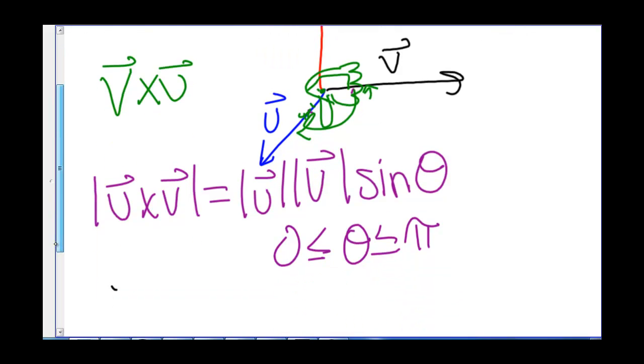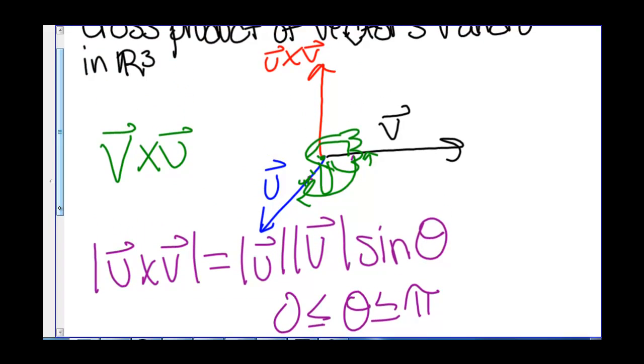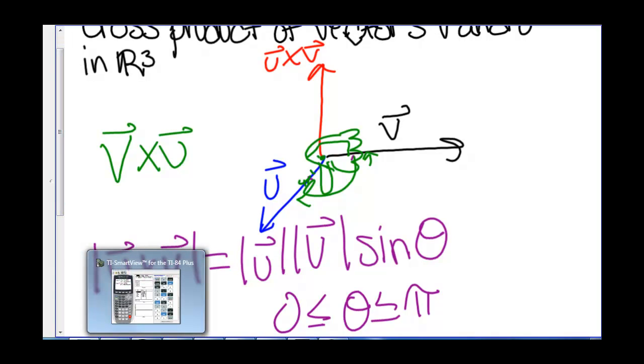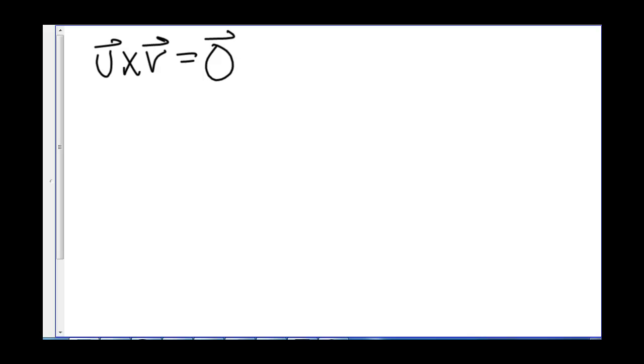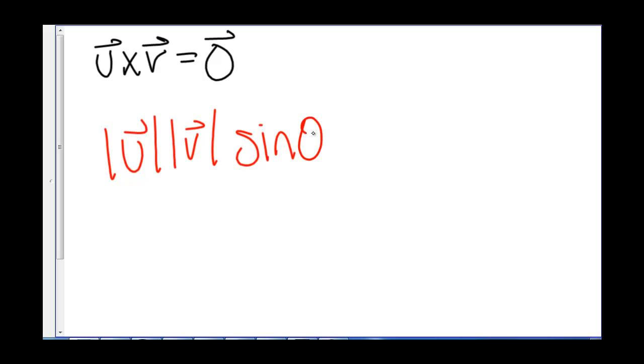If the cross product equals 0, then the direction is undefined. Well, if u cross v is 0, then that means that the length of u times the length of v times sine of theta equals 0.